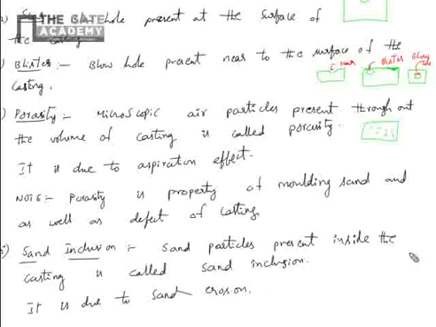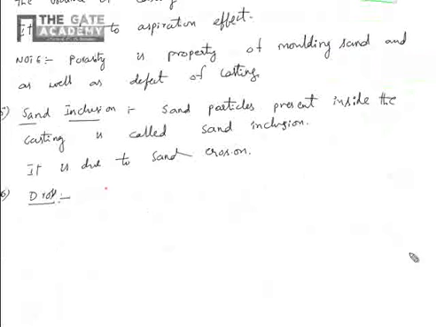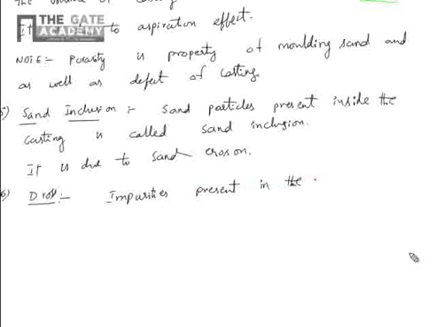Next is dross. Impurities present in the casting are called dross, especially lighter impurities. These can be eliminated by using a strainer or skim bob.